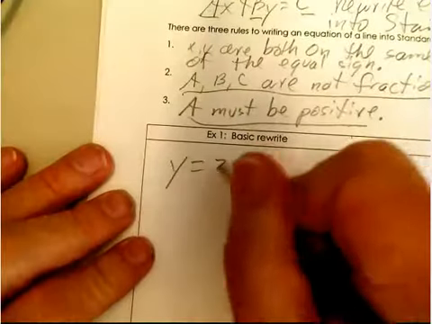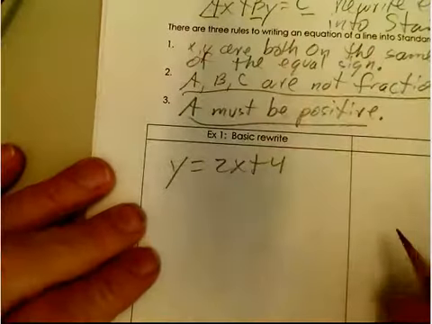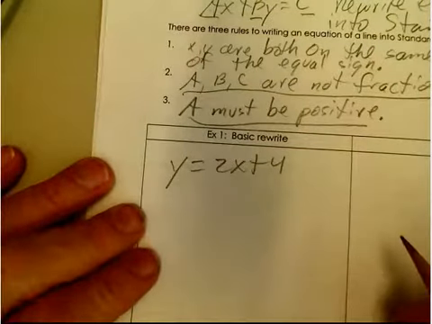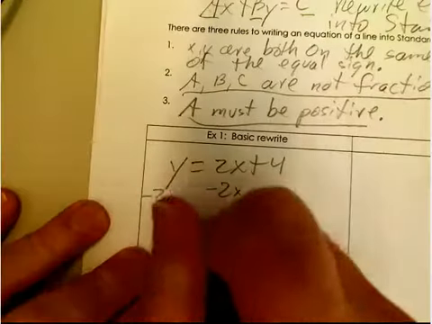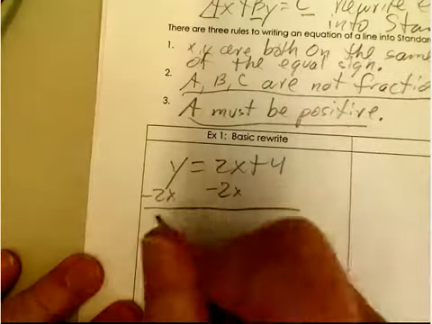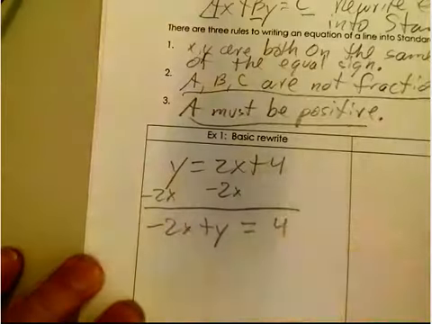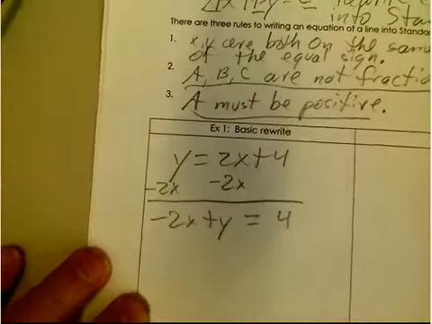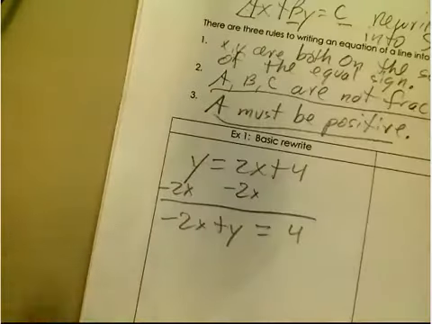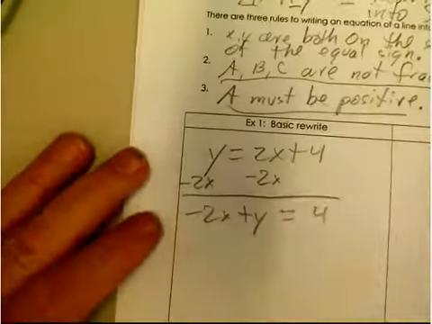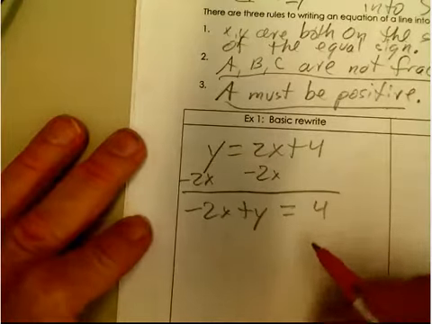So here's an example. Y equals 2x plus 4. I need to get x and y on the same side of the equation, so I'm going to subtract 2x from both sides, and I get negative 2x plus y equals 4. Am I done? No, I'm not done. I have to make sure that x and its coefficient are positive.